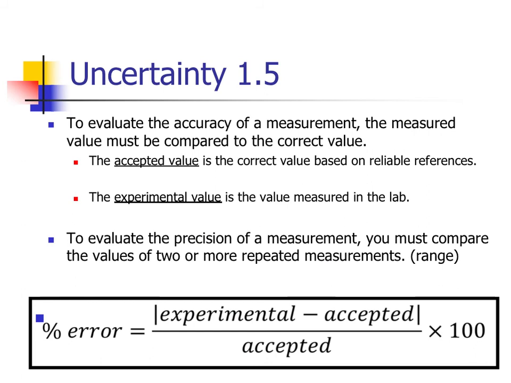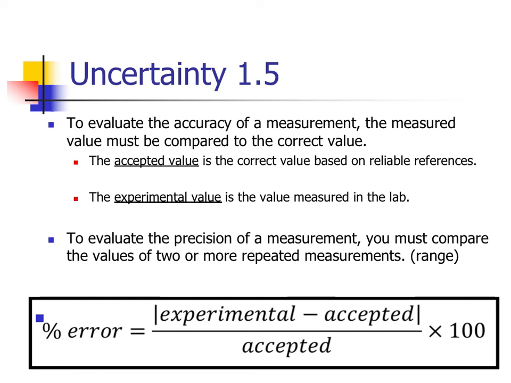There is an equation that goes along with that as well. It's a very big equation. Accepted value is sometimes one that we would have, or the actual value, but a better term is actually saying the accepted value.